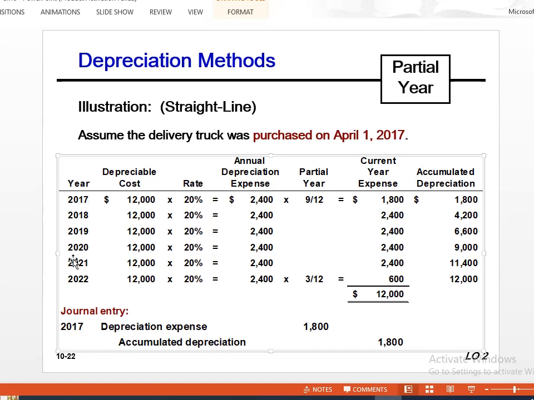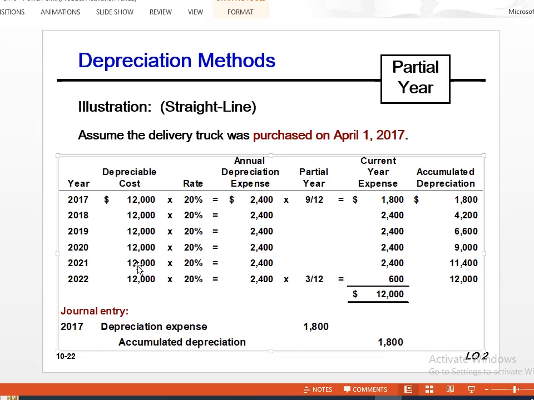And then the fifth year starts on 1st April 2021, and it ends on March 31st 2022. That's why we have from 2017 till 2022 number of years. Because in 2017 the asset did not stay with us for a full year, we need some months from 2022 as well, so that 5 years are complete.